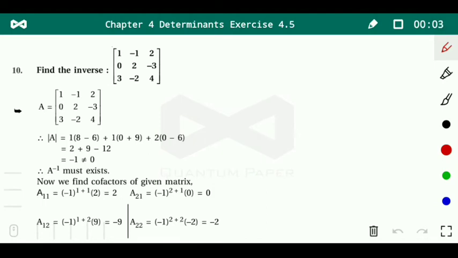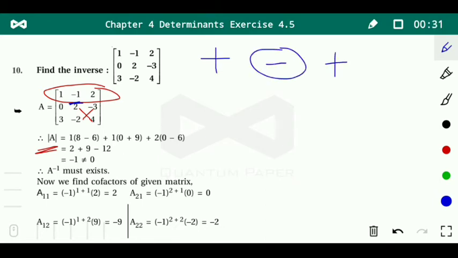Same thing, we have to find the inverse of the given matrix: 1 minus 1 2, 0 2 minus 3, 3 minus 2 4. First of all, we have to find the determinant of A. So determinant of A is equal to, we solve by taking the first row. So 1 in bracket 2 4s are 8 minus 6, plus 1, because minus minus plus, we take the sign as per the rule plus minus plus.